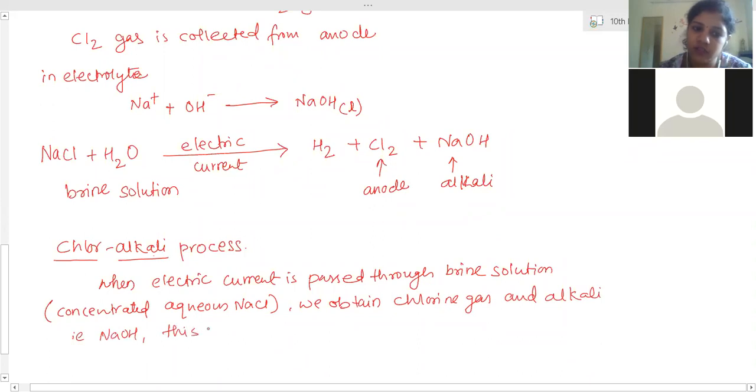This process is called the chlor-alkali process. Okay, clear? Then write it down.